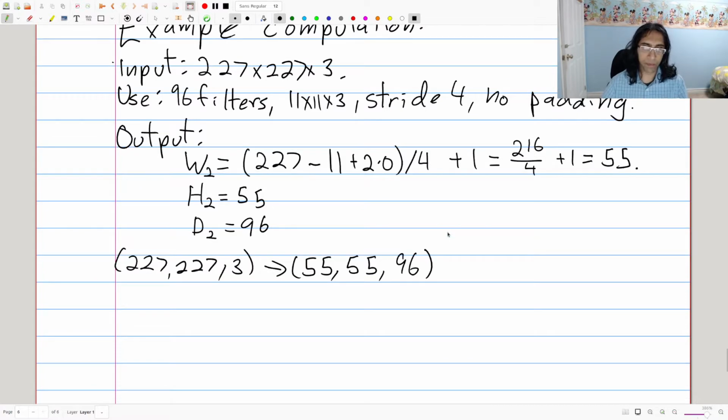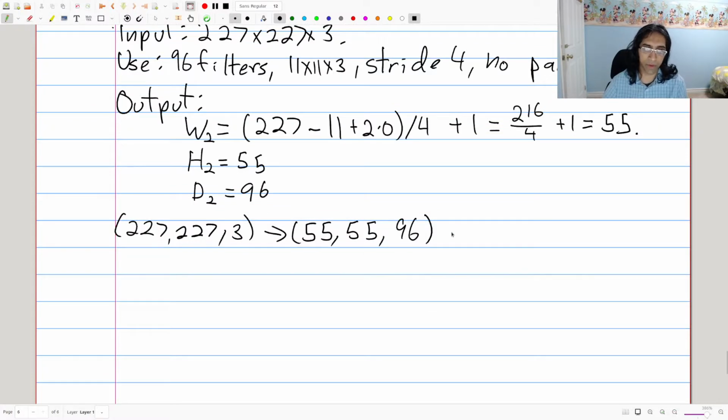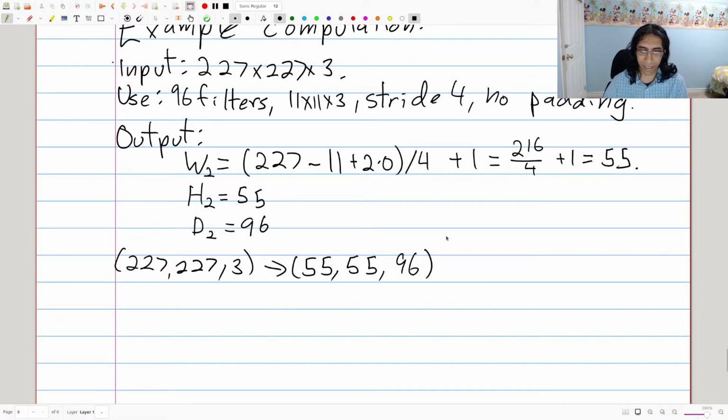So how many parameters do we have here? I want to compare the number of parameters we had here to how we would do it if we had just a fully connected or a locally connected layer with no parameter sharing.